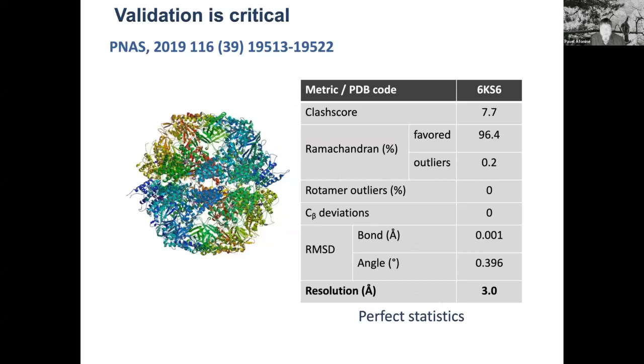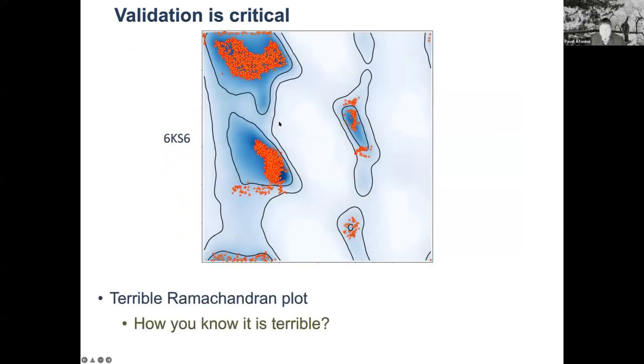But if you happen to actually show the Ramachandran plot, it looks like this. And for a trained eye, or probably even for a newbie, it looks pretty unnatural. In fact, it looks awful. That's not how a good Ramachandran plot is supposed to look.